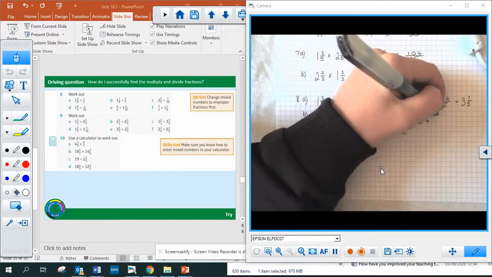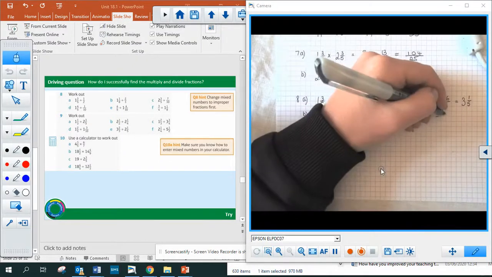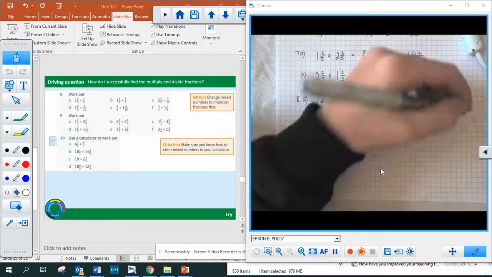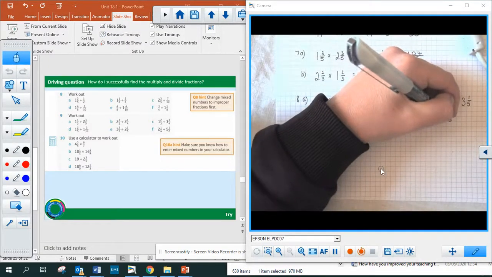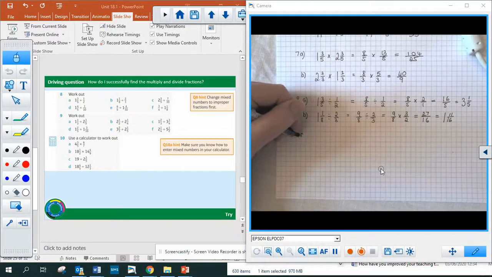Okay, convert this to a mixed number. How many 16s go into 27? Well, 1 16 will go into 27. And then how many are remaining? 11. So it's 11 16ths. 1 and 11/16.